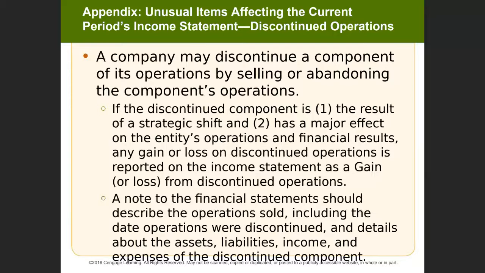Any gain or loss on discontinued operations is reported on the income statement as a gain or loss from discontinued operations. A note to the financial statements should describe the operations sold, including the date the operations were discontinued and details about the assets, liabilities, income, and expenses of the discontinued component.